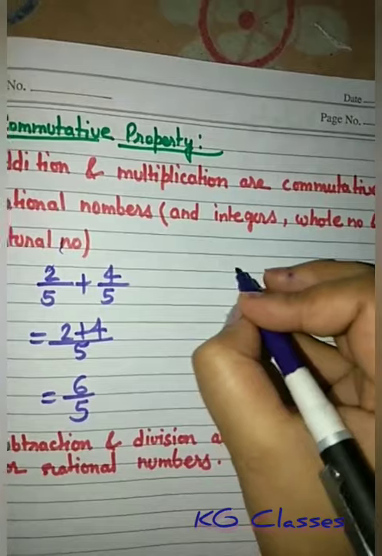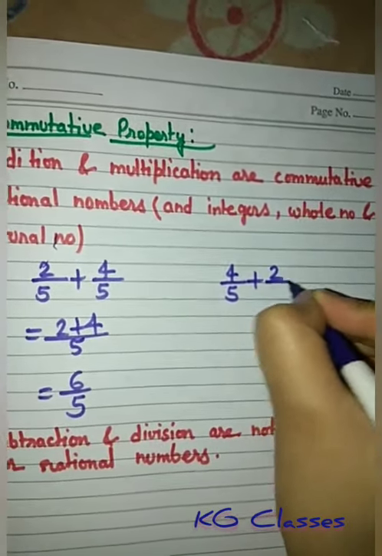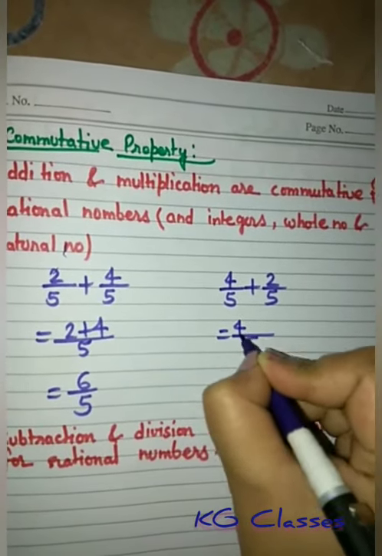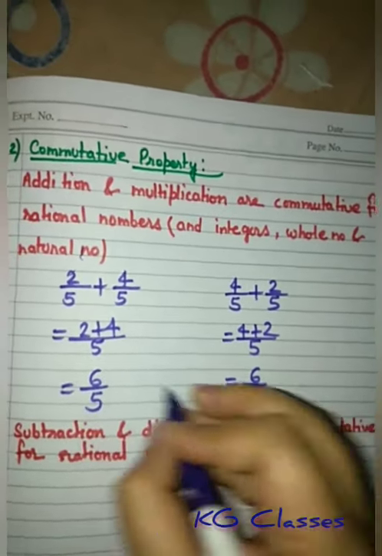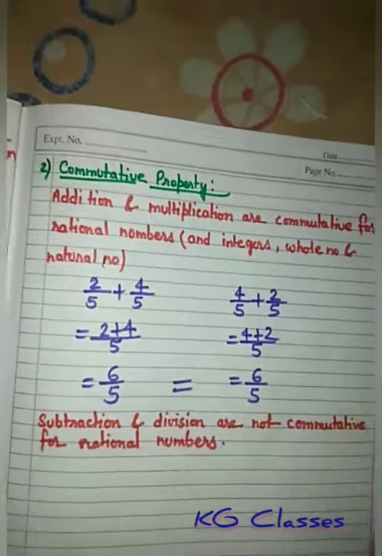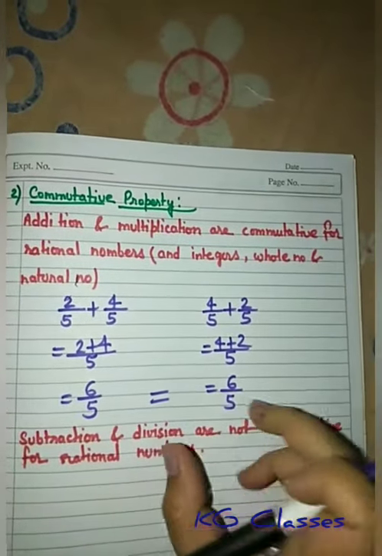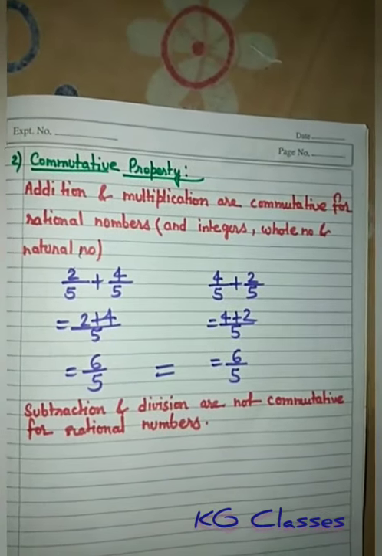If I change their order, then what will we get? 4/5 plus 2/5, again 6/5. So this is equal. We can see here that commutative property is applicable in addition.